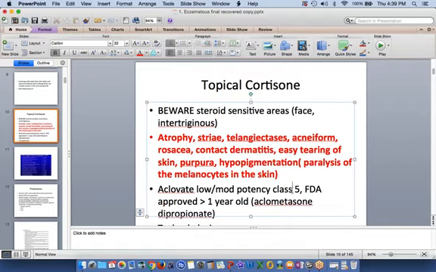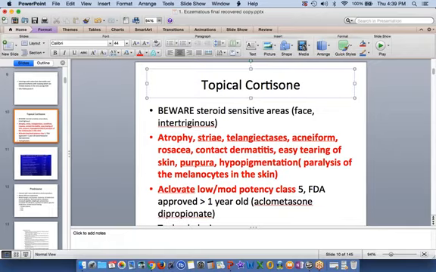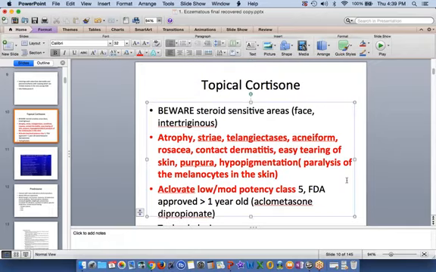Now, Activate, which I really don't choose, we try to avoid using any trade names. And the reason is because if they're not accepted by the insurance, the patient will call you back and try to get you to pre-authorize the prescriptions. Now, if you want to take your time and call the insurance companies and deal with it, by all means, you can write for whatever you want to. But as a practice, we will not be doing that for anybody.